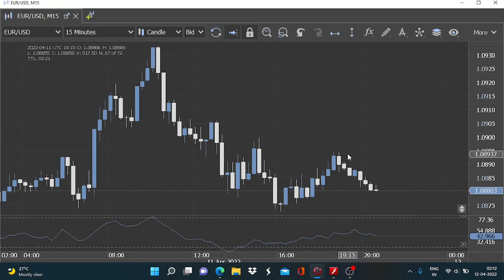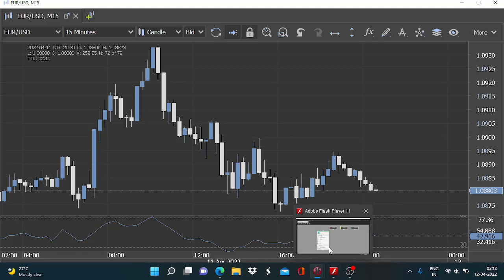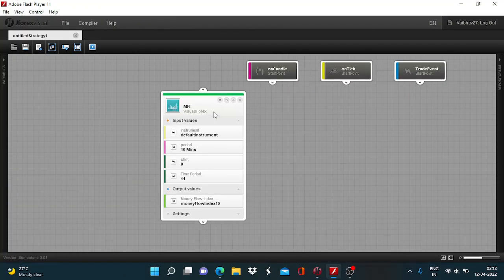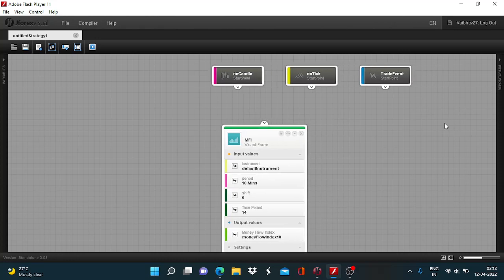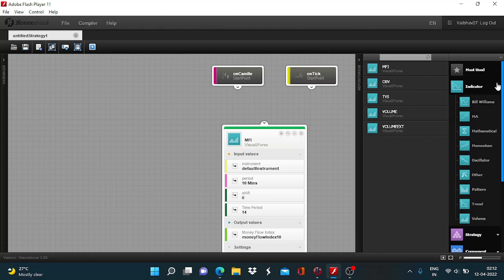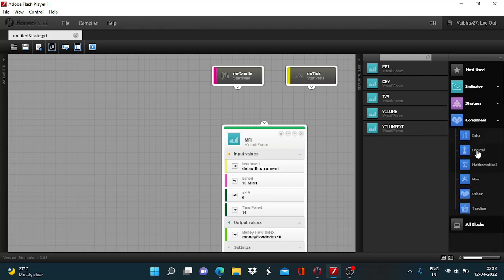So now let us head back to the Visual JForex board where we will start adding the blocks for designing the algorithmic structure. First, we will have to start with the components, logical components.